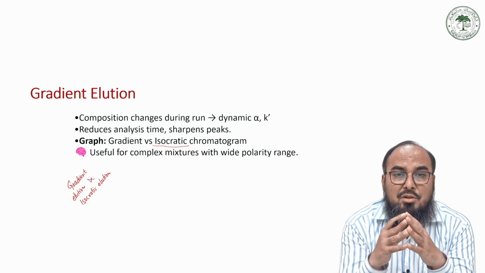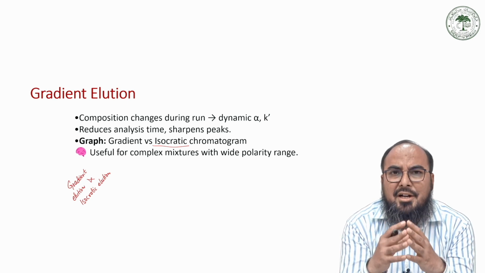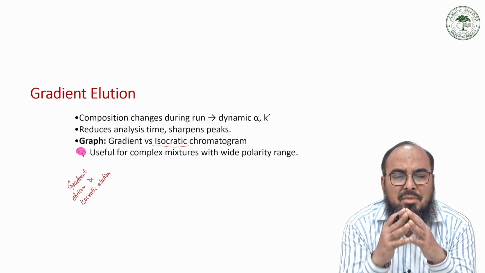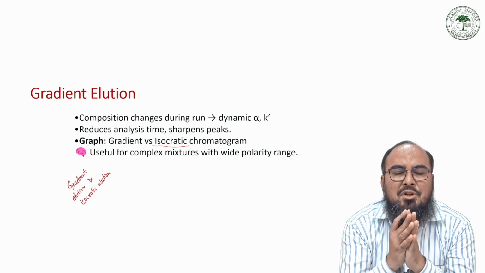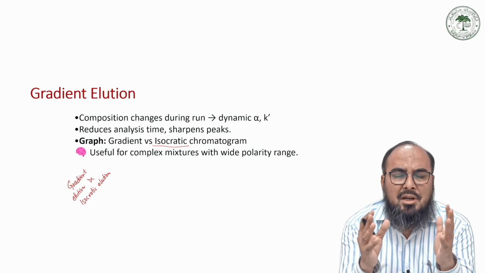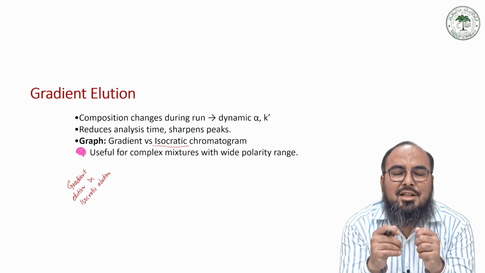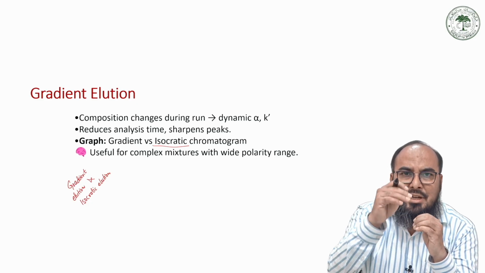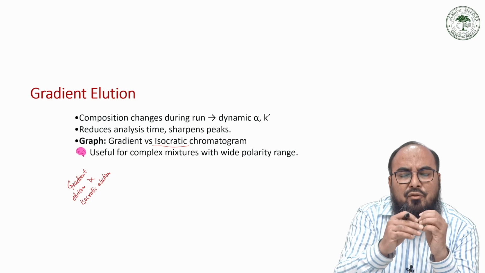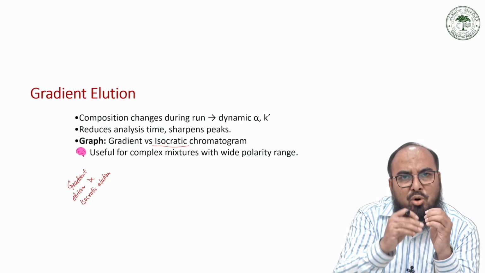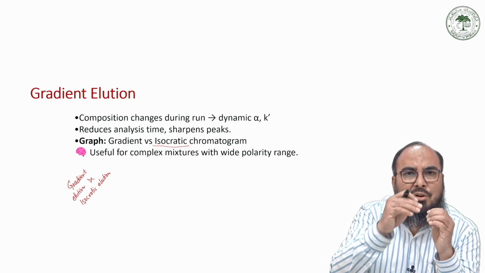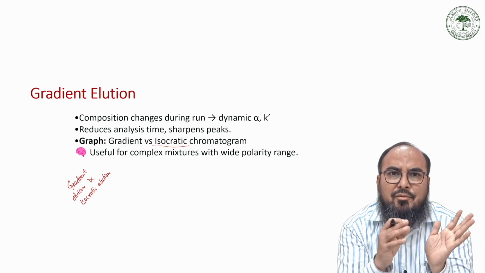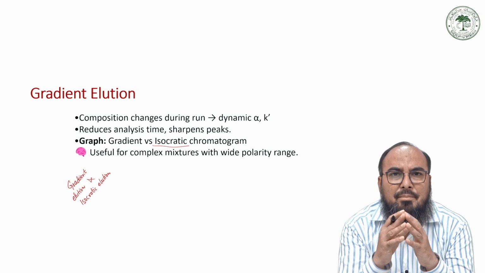But in gradient elution, we can separate complex components which have entirely different properties, because now we are using the tool of polarity. When we change the polarity, we get an array of components on the basis of their polarity. For example, if we start from non-polar to polar, we can have an array of compounds, if present, on the basis of their polarity.